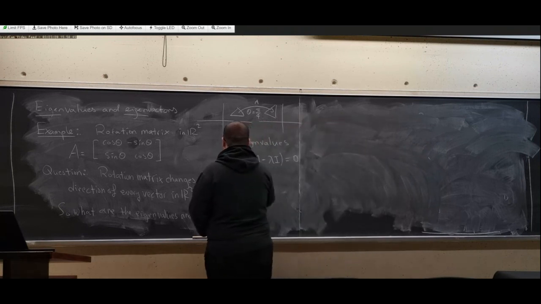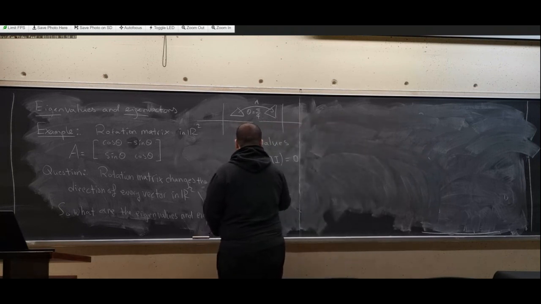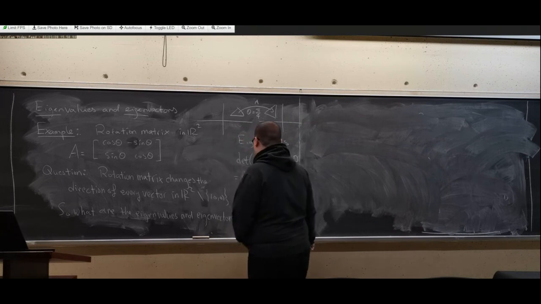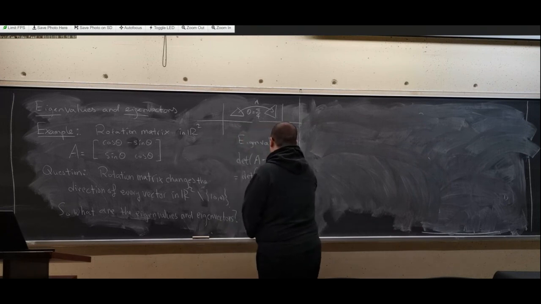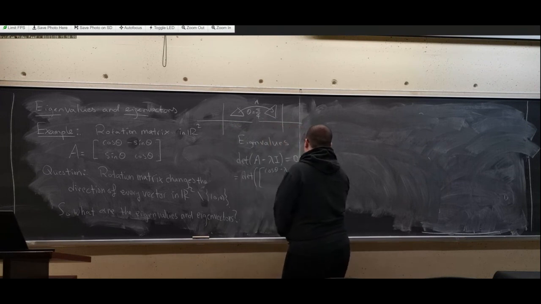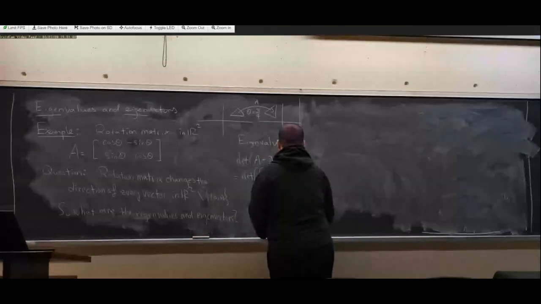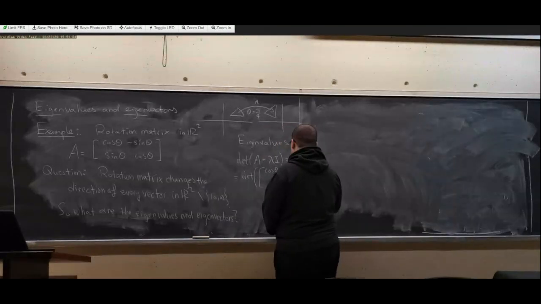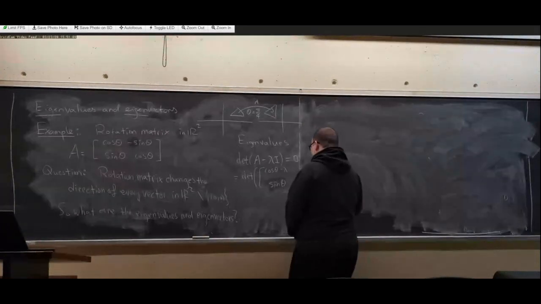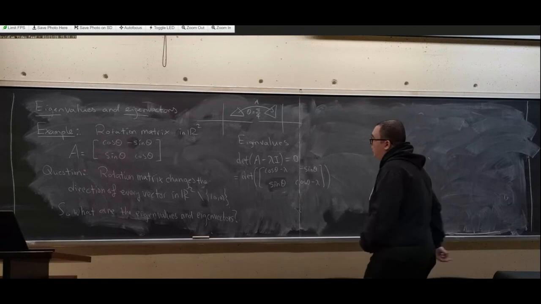So this equals the determinant of cosine of theta minus lambda, minus sine of theta, sine of theta, and cosine of theta minus lambda. We're looking for this determinant here.